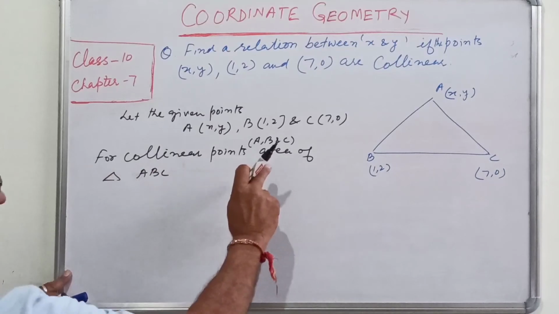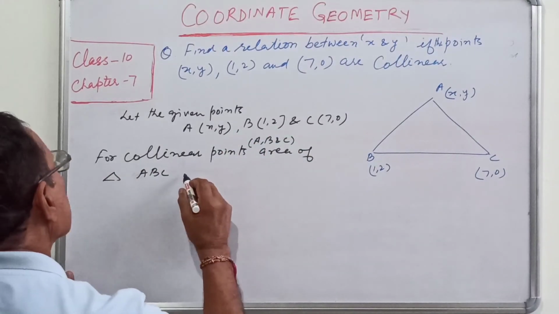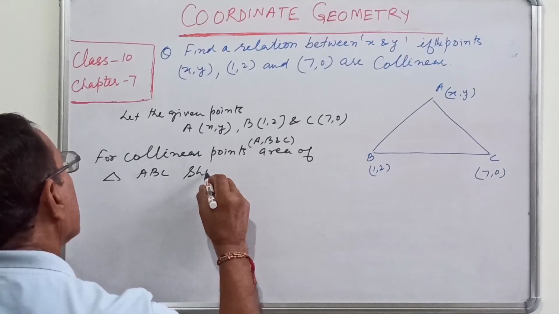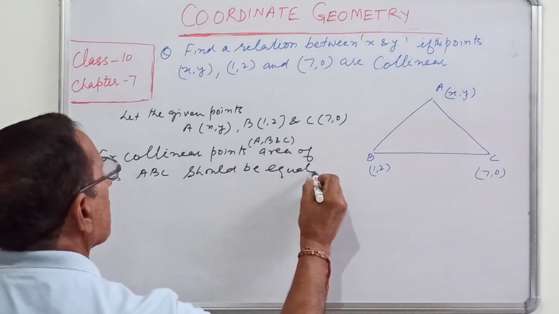For collinear points A, B and C, the area of the triangle ABC should be equal to 0.